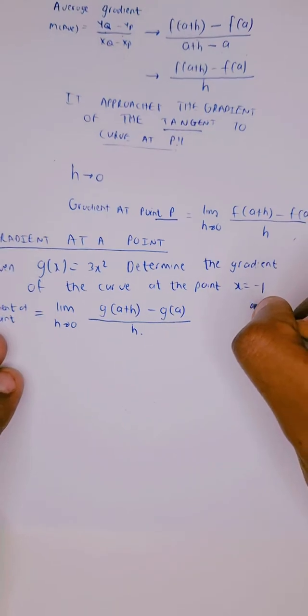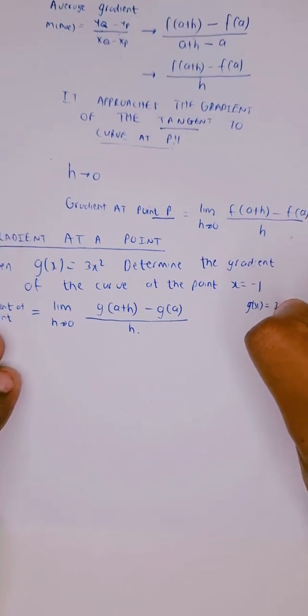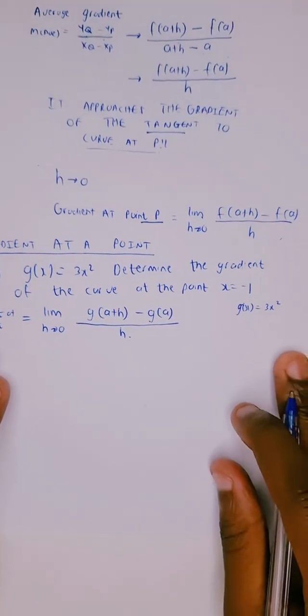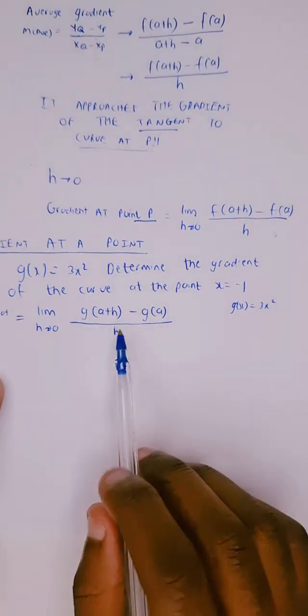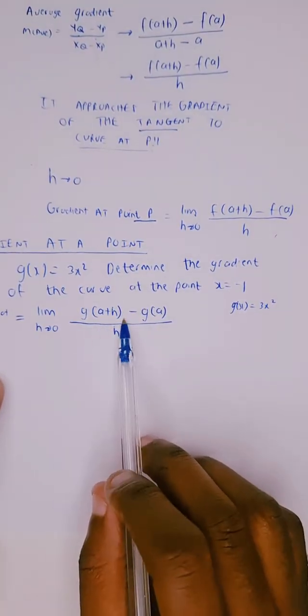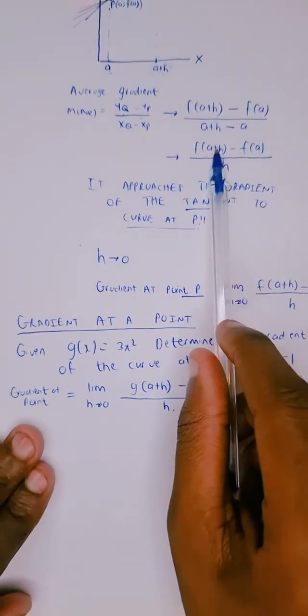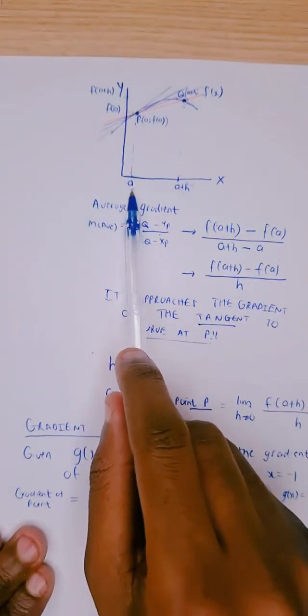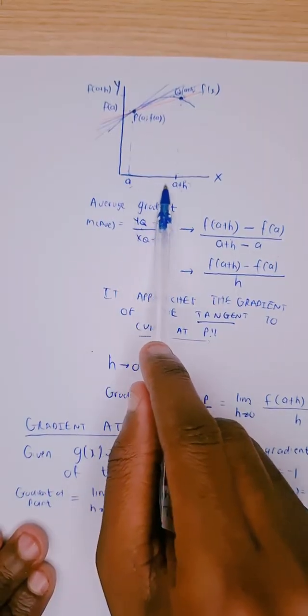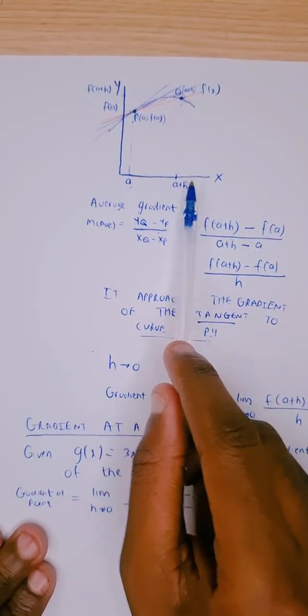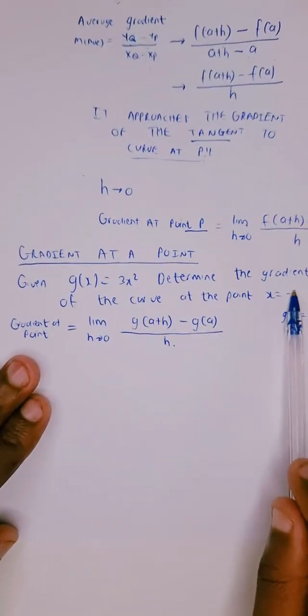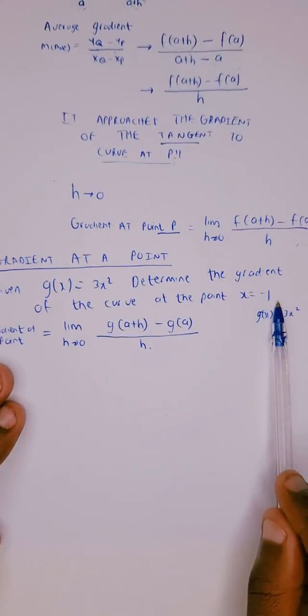Now, since we know g of x is equal to 3x squared, remember here we want g of a plus h. But we remember from the formula that the a is a representation of x, and we are told specifically here that x is equal to -1.